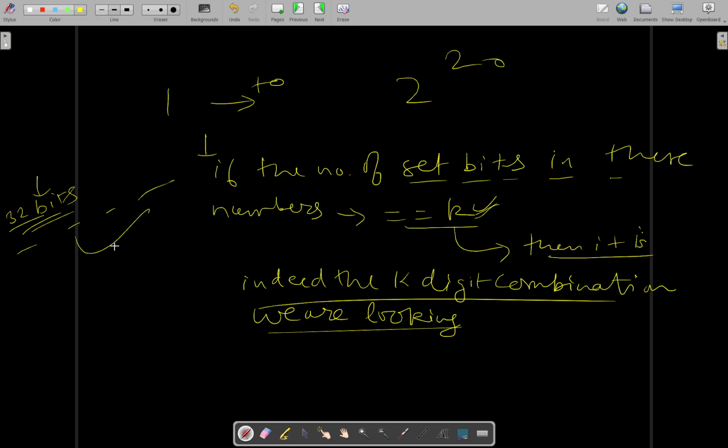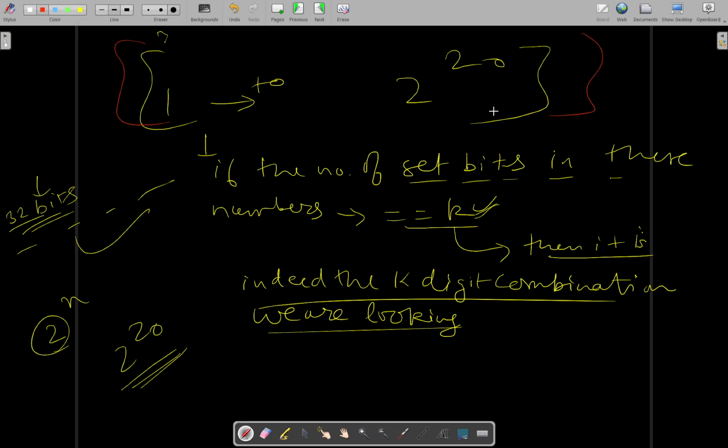Why will it fit in a number? Because for each number we had two choices, and at max 20 numbers were possible since n size was 20, so 2 raised to power 20, and thus we are iterating over this range 1 to 2 raised to power 20.